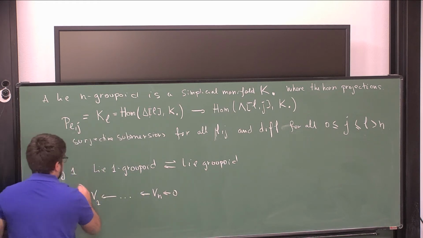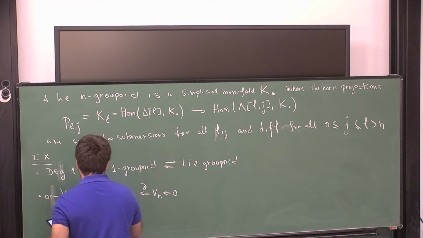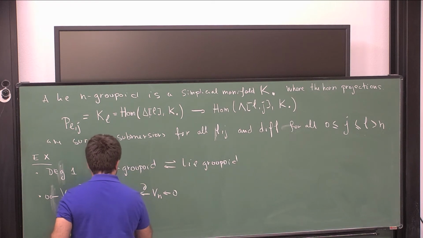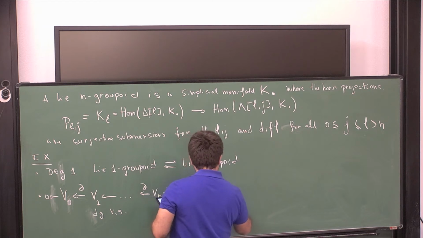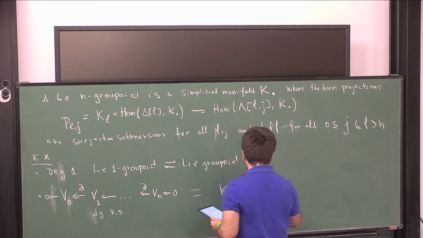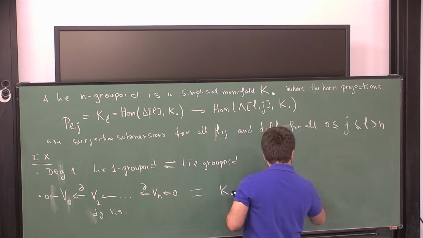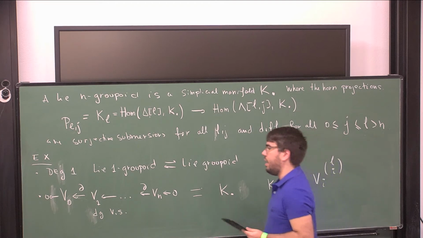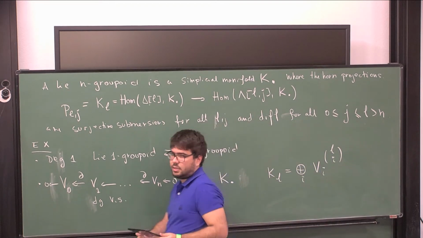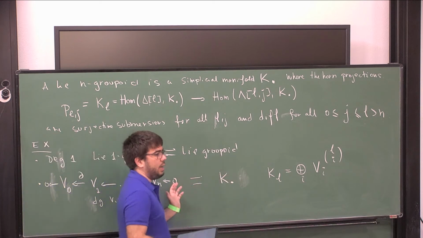This is just a graded vector space, or DG, differential graded vector space. Then you can create a simplicial manifold where K_L is given by a sum of V_i over the appropriate indices. Again, I'm not telling you the faces and the degeneracies, but this involves the differential. And this is basically the Dold-Kan correspondence, an example.